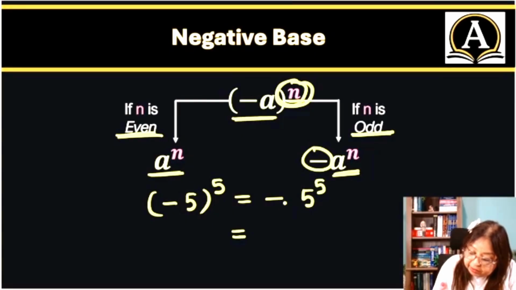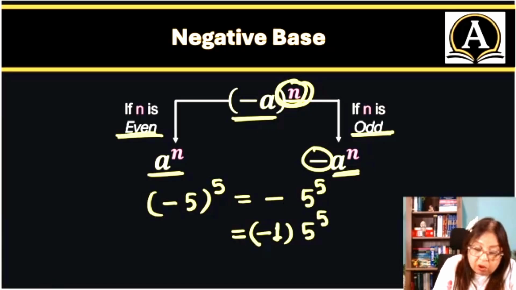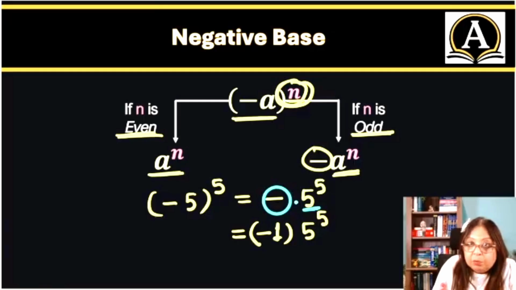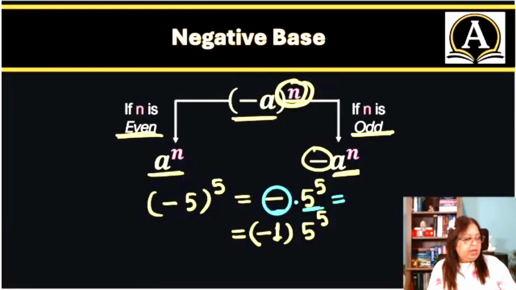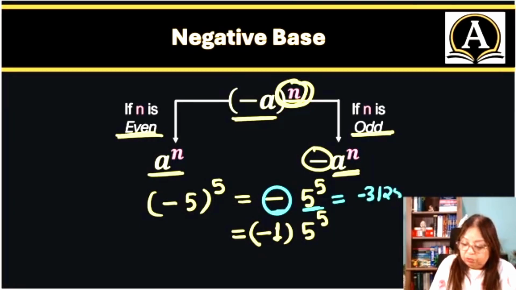This can actually be written as minus 1 times 5 to the power 5. All I'm trying to show you here is that this negative sign is not a part of this 5 anymore. This is multiplying 5 to the power 5. And 5 to the power 5, we did that a while ago and it was equal to 3125, so the answer is minus 3125 here.